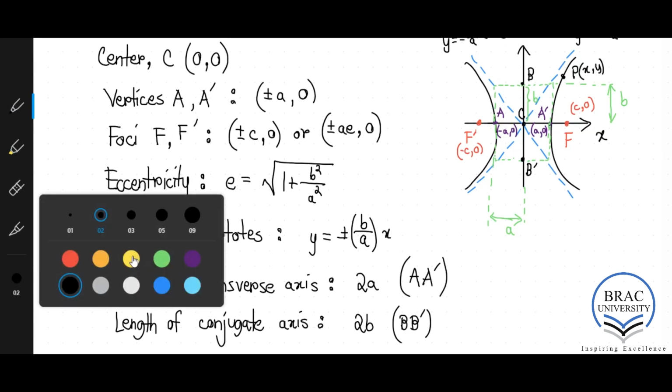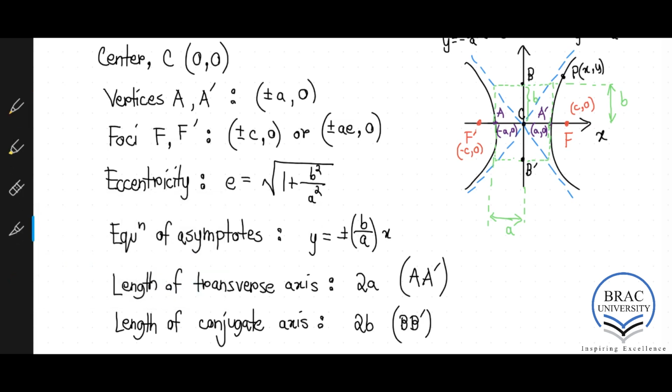Let me use a different color to point that out. Maybe yellow. Okay, orange. Let's say the directrix is always right before that graph, right? So it's something like that. Sorry, here. So that's one of the directrices. And here's another directrix.